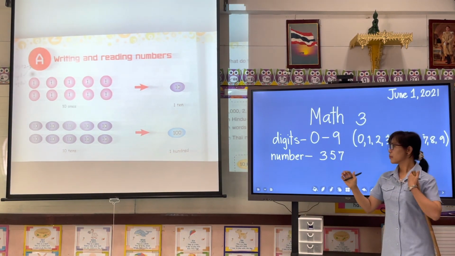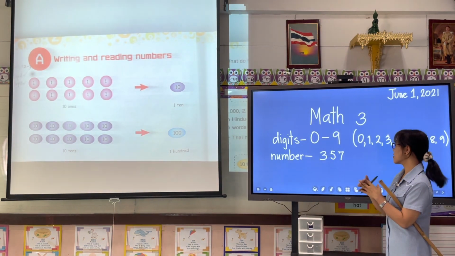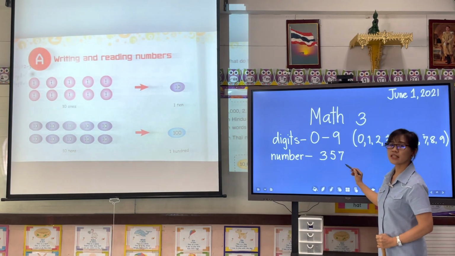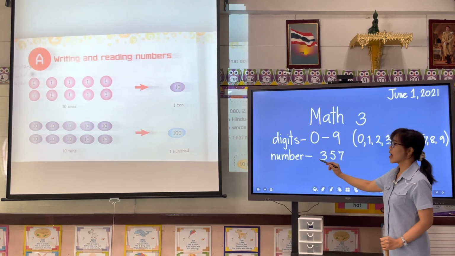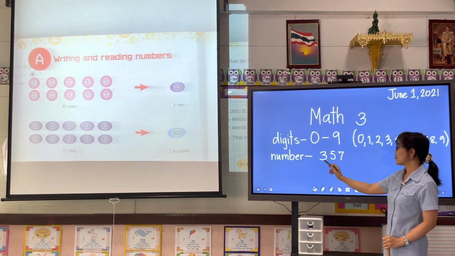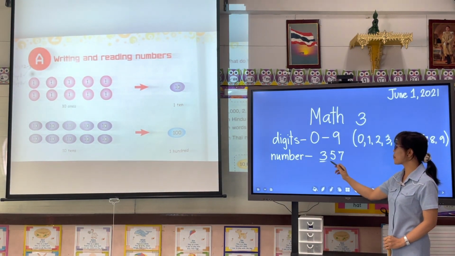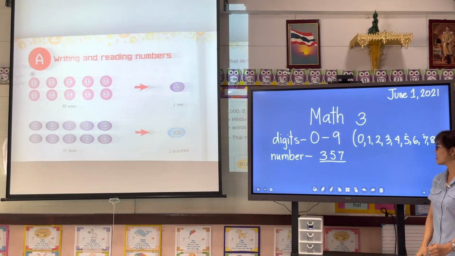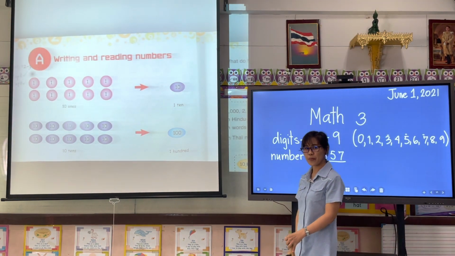But if we combine these 3 digits, it becomes a number. So now we've got the number 357. This is now a number, 357. That is the difference between digit and number.